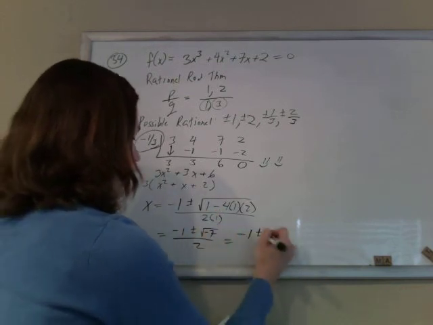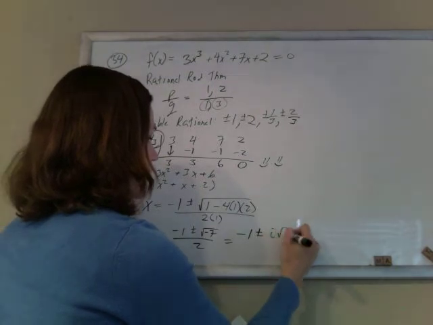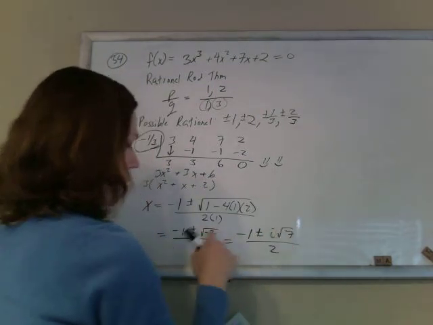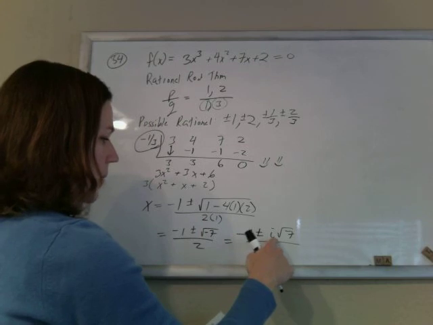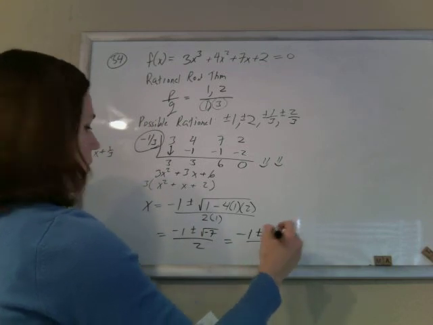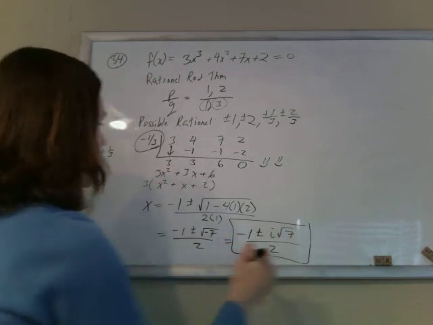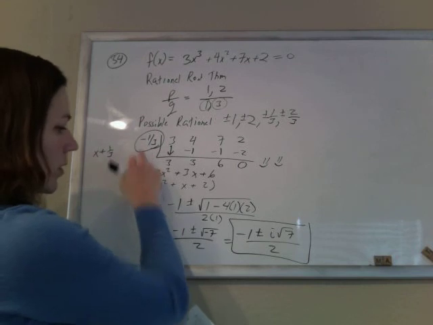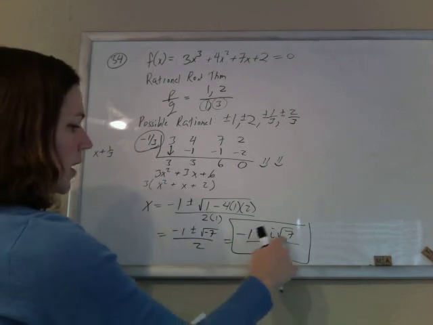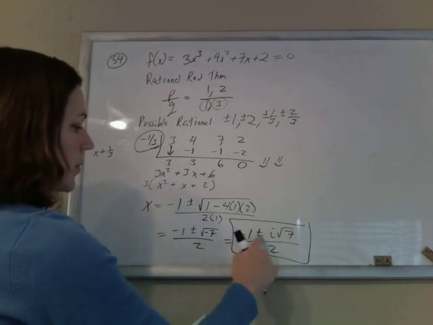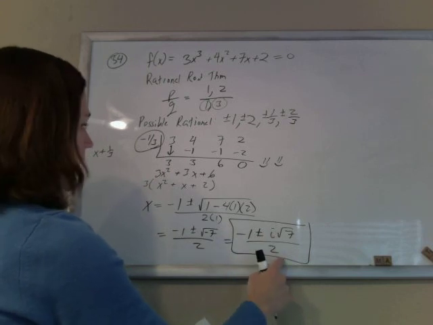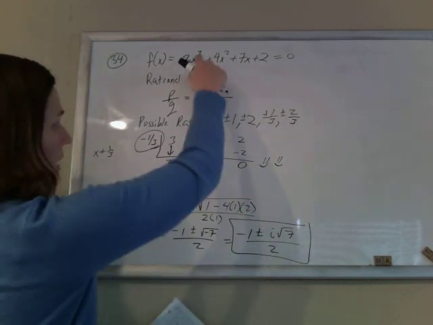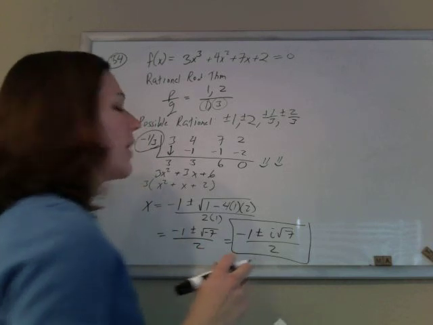So negative 1 plus or minus i root 7 over 2. Negative underneath that radical, pop that i out. So my final roots for this equation are negative 1/3, negative 1 plus i root 7 over 2, and negative 1 minus i root 7 over 2. Notice there were 3 solutions for my third degree polynomial, and that is all.